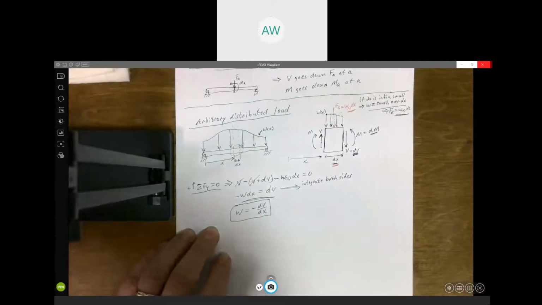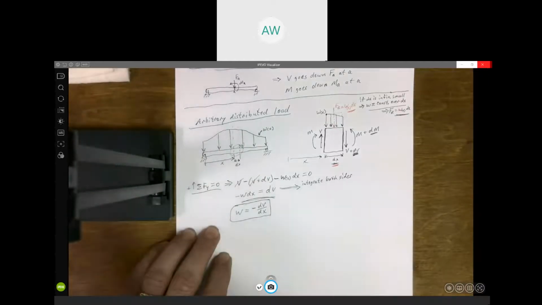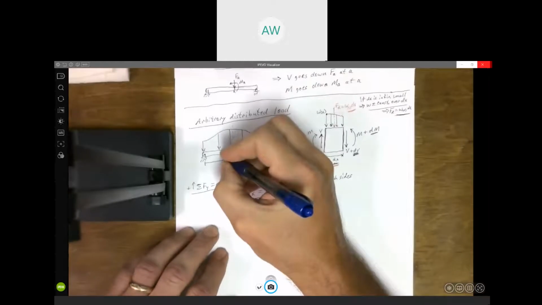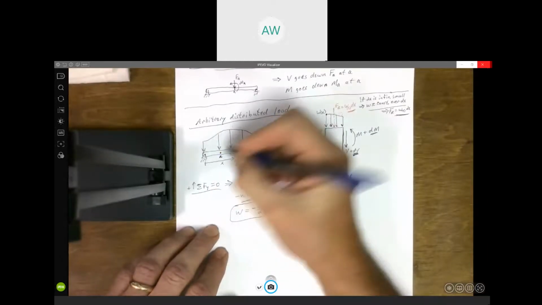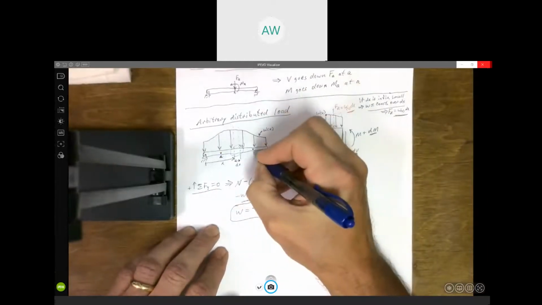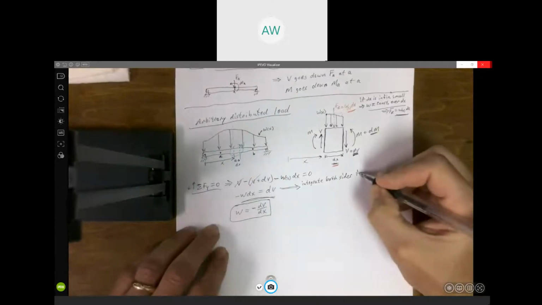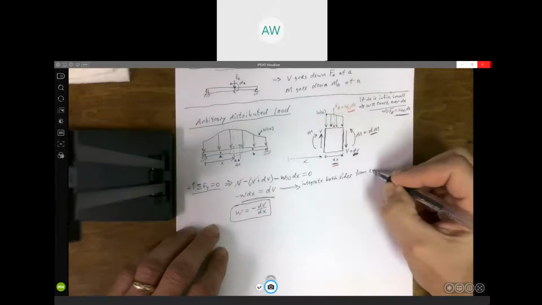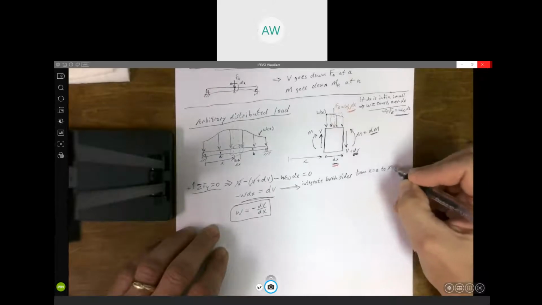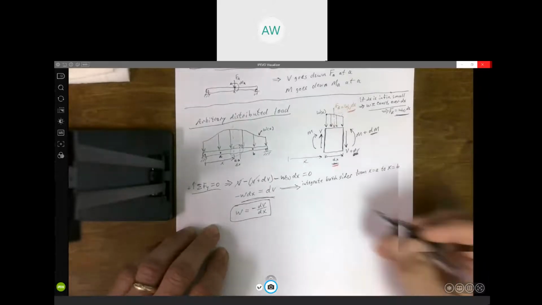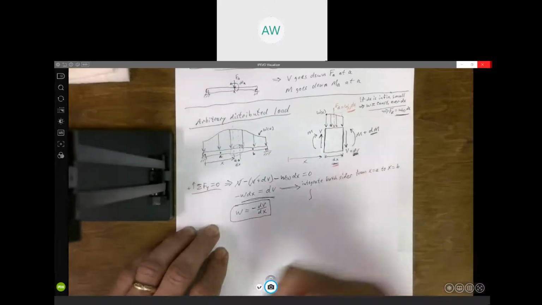We've got some arbitrary x value here we'll call a, and some arbitrary x value here we'll call b. So we're going to integrate both sides from x equals a to x equals b. And so I'm going to put the dV on the left side.